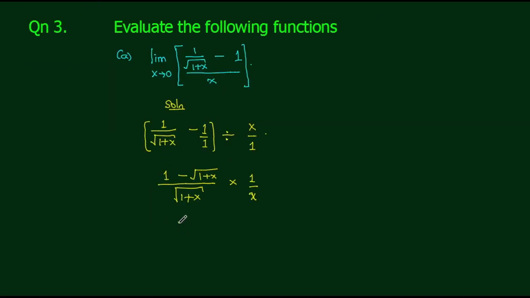So we realize that the numerator will not change. We just have here 1 minus the square root of 1 plus x, then divide by, so it is good to write this in front here, because when you write it here it's just going to look like you're multiplying x and x. So it is good practice to write this here.